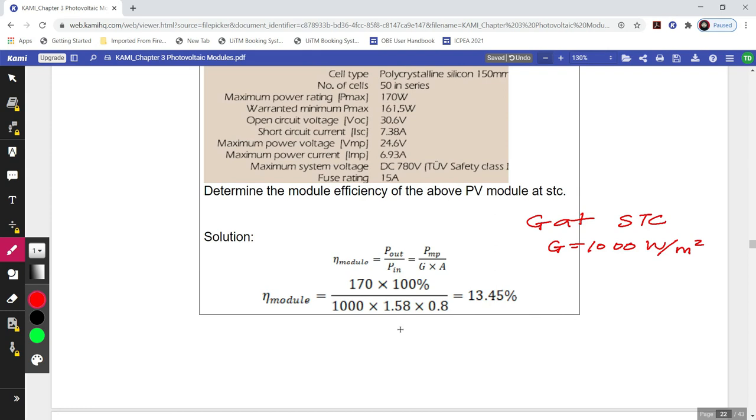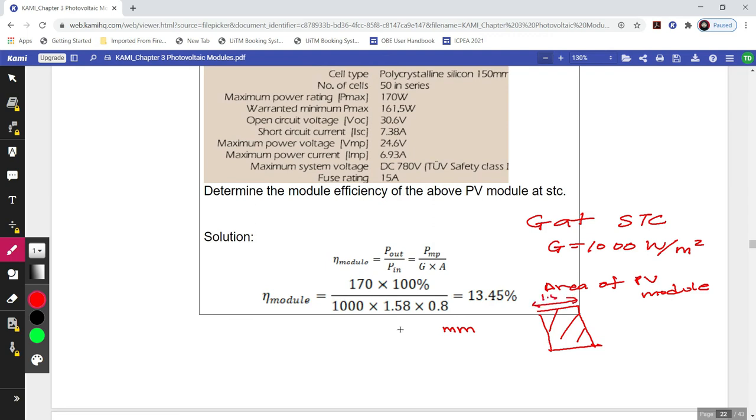So this one you need to convert into meter. Usually in the data sheet they give the unit in millimeter. So to calculate the area of the PV module, you need to convert to meter.